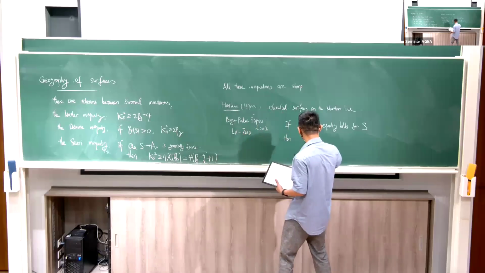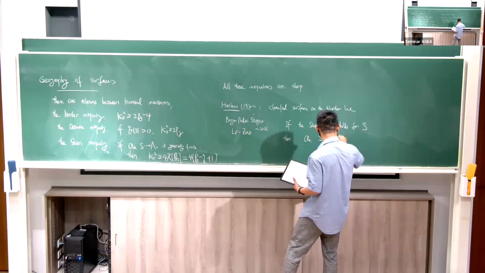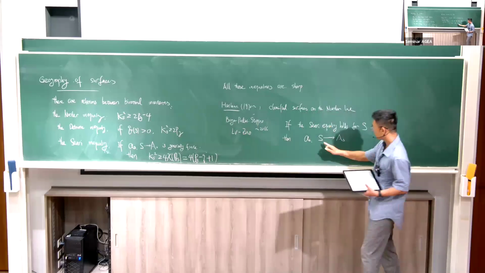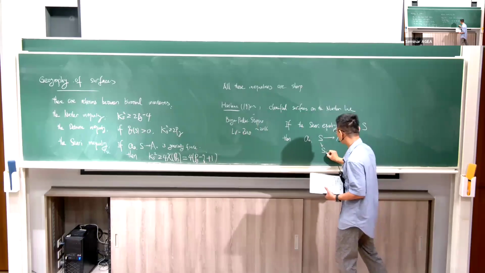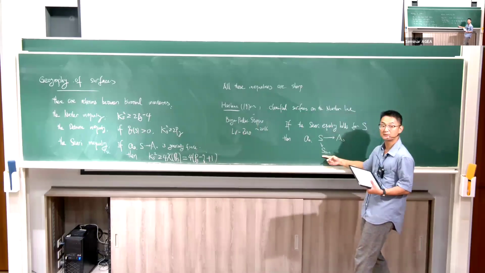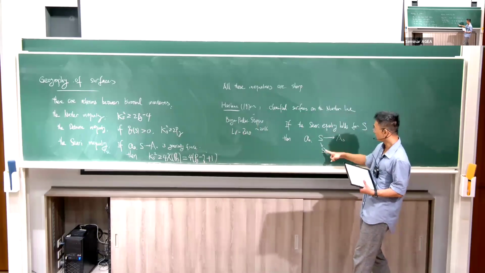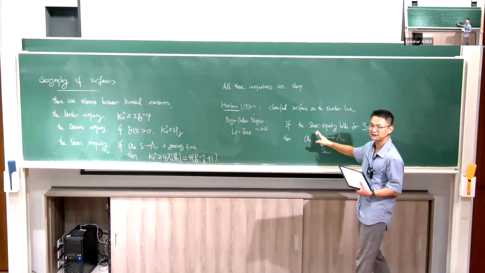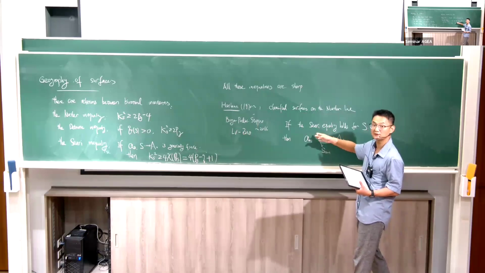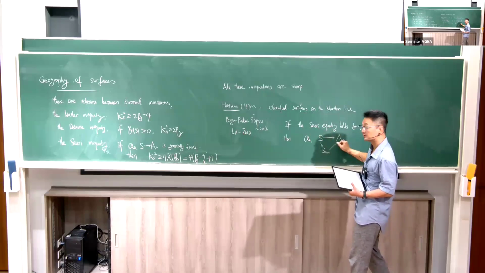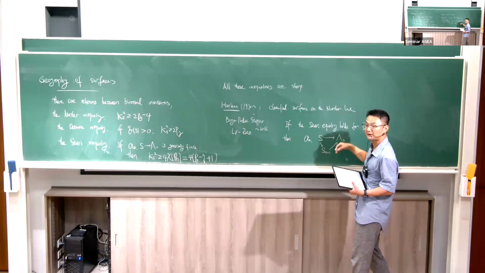So we have the Albanese morphism from S to A, and clearly we have the contraction from S to S bar, the canonical model of S. Okay, so we know that for canonical singularities, the fibers are just minus two curves, rational curves. So this morphism certainly contracts all the rational curves, so it factors through this map.